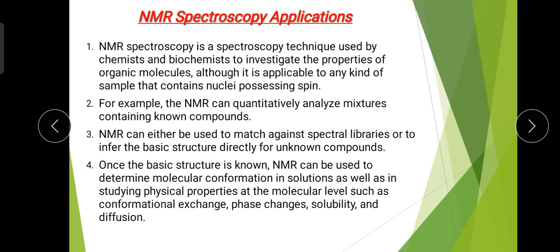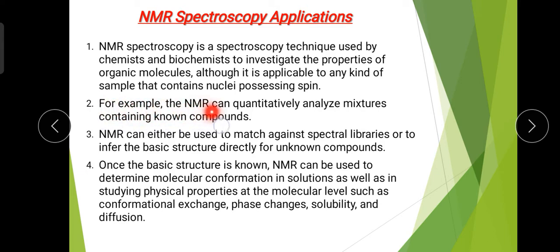We know that NMR spectroscopy is a very important spectroscopy to investigate a material or sample, and it is used by chemists or biochemists to investigate the properties of organic molecules. In general we can investigate organic molecules, and this spectroscopy is applicable to all kinds of samples which possess nuclear spin. So this is an NMR spectroscopy application.